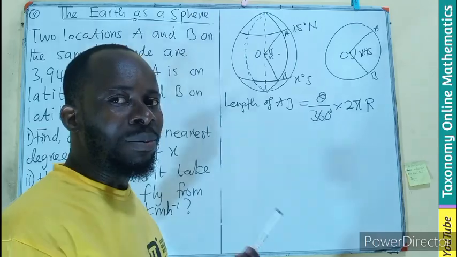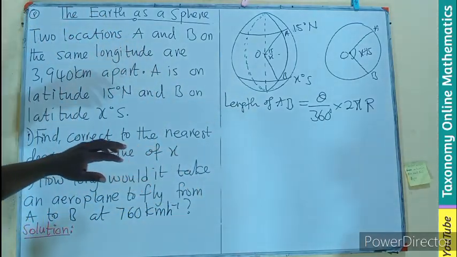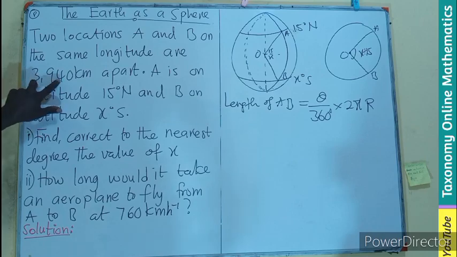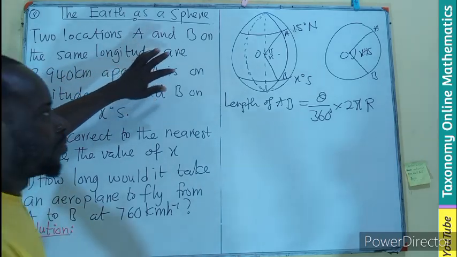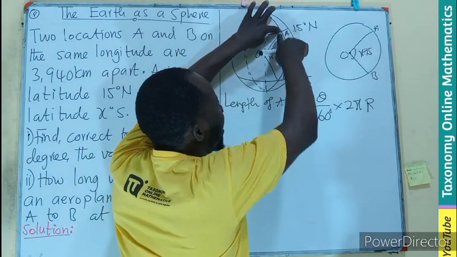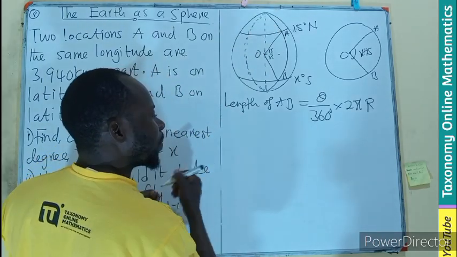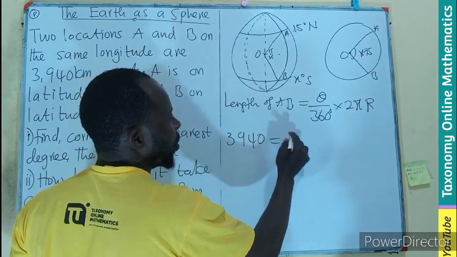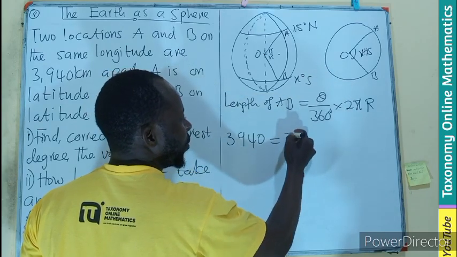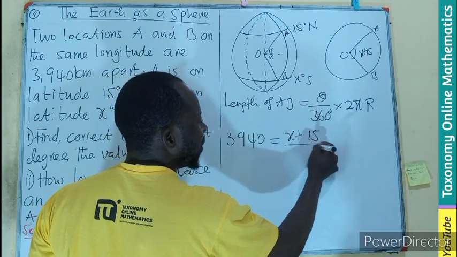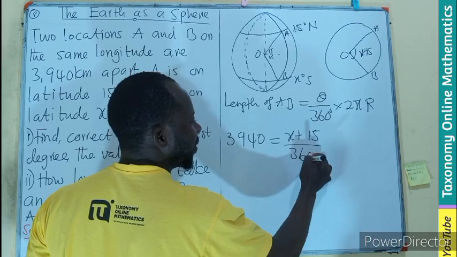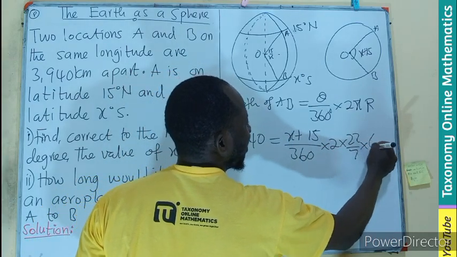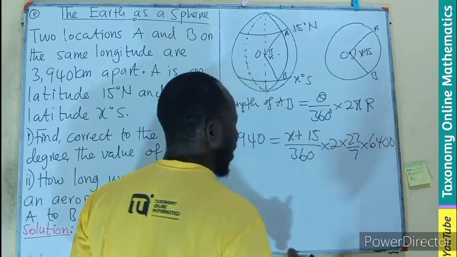Now we do substitution. The length of the arc is given because they are 3,940 kilometers apart, meaning from A to B is 3,940. So 3,940 equals theta, which is X plus 15, divided by 360, times 2 times 22 over 7 times 6,400.